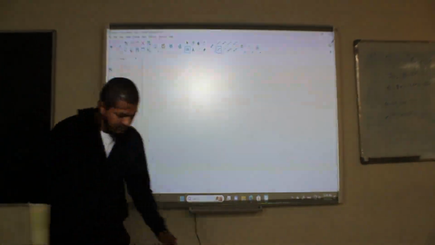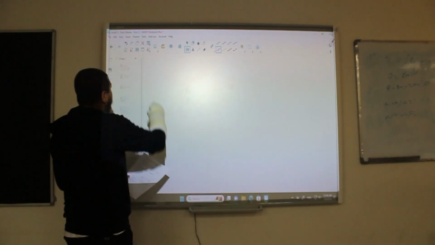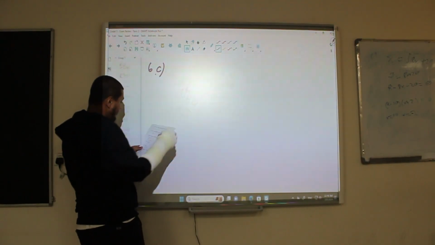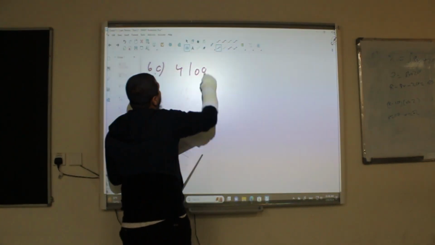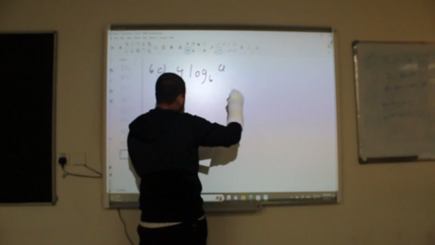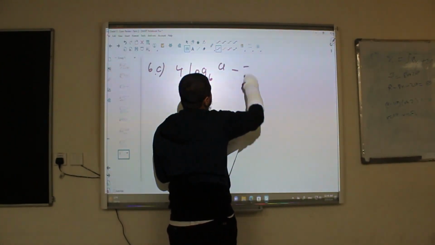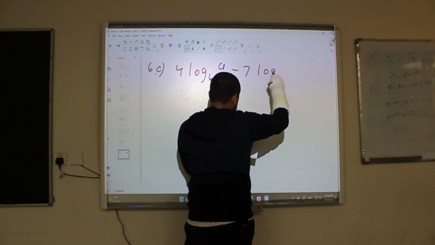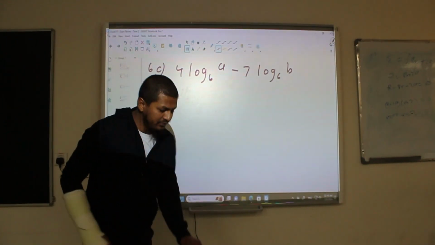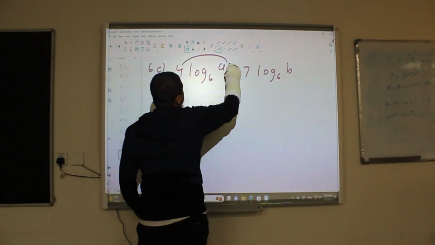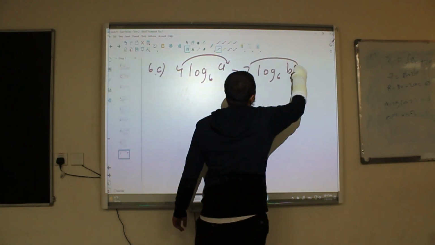Looking at the next question, part C, number 6c, we have 4 log a base 6 minus 7 log b base 6. The first thing we'll do is bring all the coefficients to the powers, right?